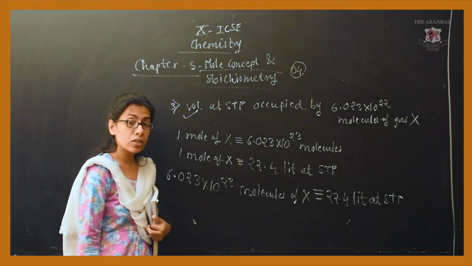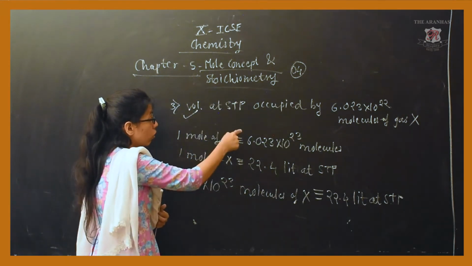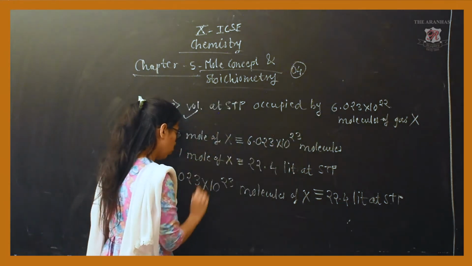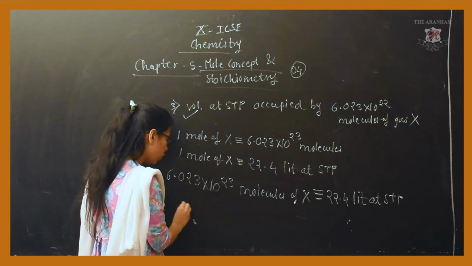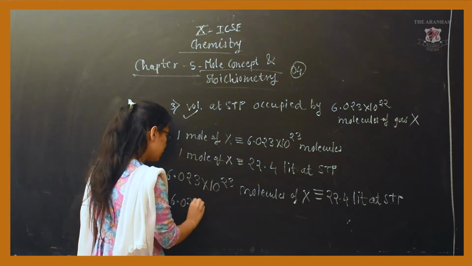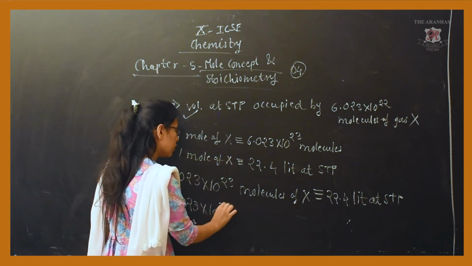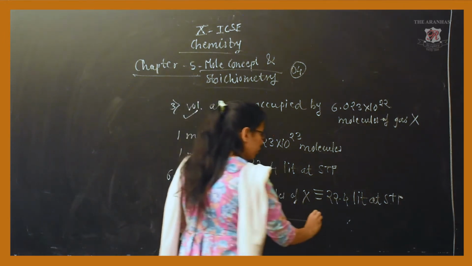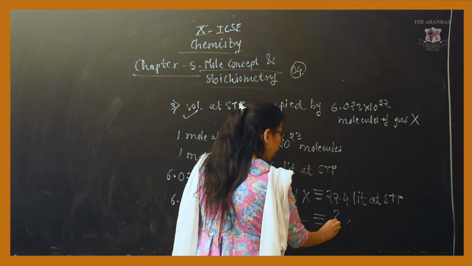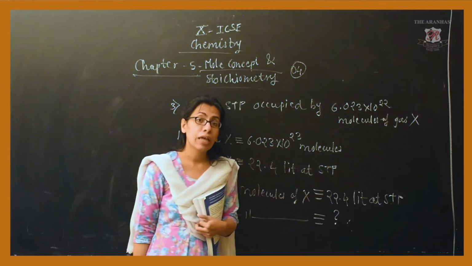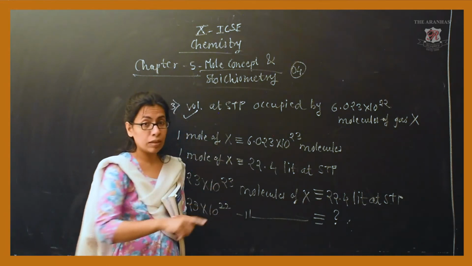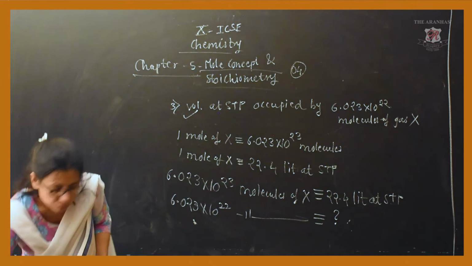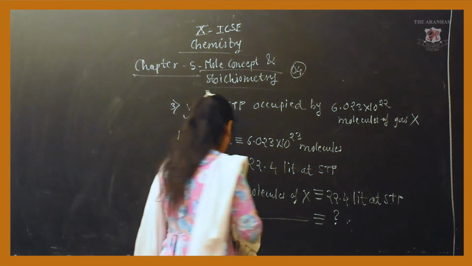So what have they asked us now? To calculate the volume occupied by these many particles. So the number of particles changes: 6.023 into 10 raised to 22 molecules of X will be equivalent to how many liters at STP, which is nothing but the asked volume. So how do we solve further? Just do cross multiplication.